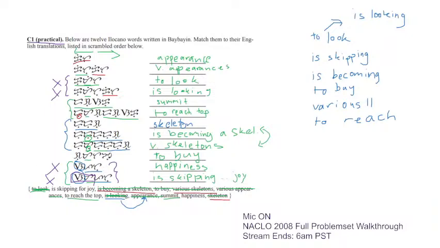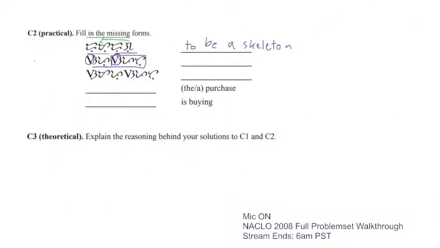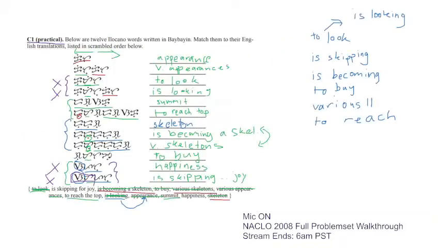So we get 1, 2, 3, 4, 5, 6, 7, 8 points. From there, losing 4 points. And then assuming we got these right, I kind of took a peek. And this is becoming a skeleton. So we did get this kind of wrong. We got this wrong.